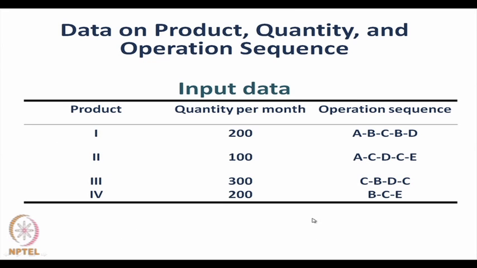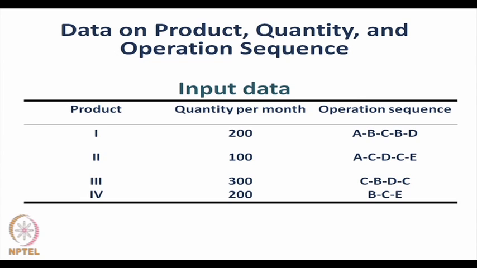Now, we will take a specific example to illustrate how to solve this problem. We assume there are 4 different products, 1, 2, 3, 4, and the quantities produced per month are 200, 100, 300 and 200, and the sequence of operations for the products is given. Each operation corresponds to a department.